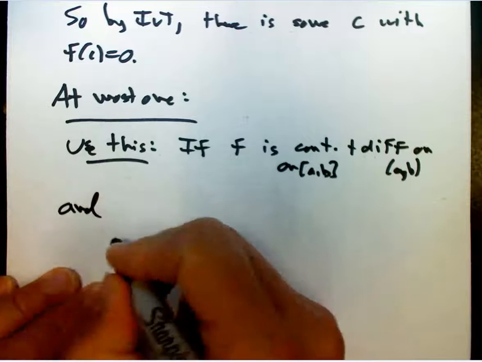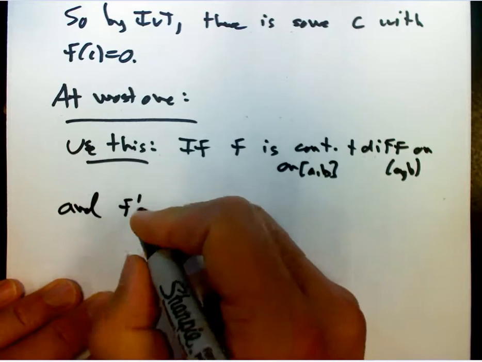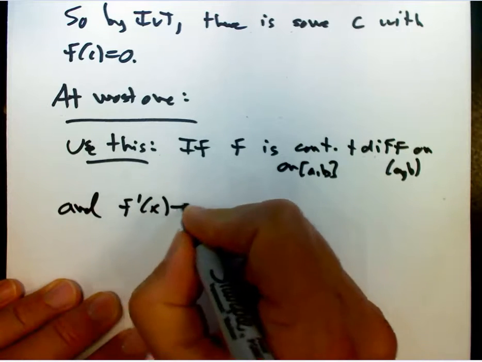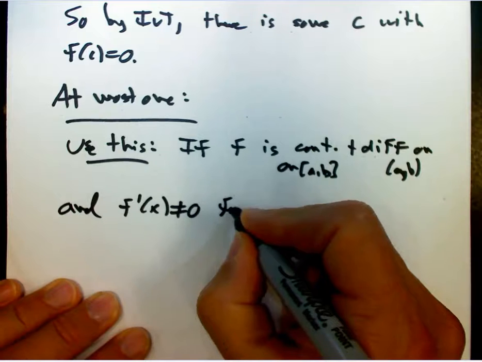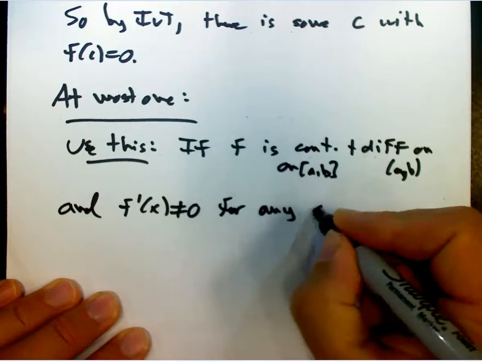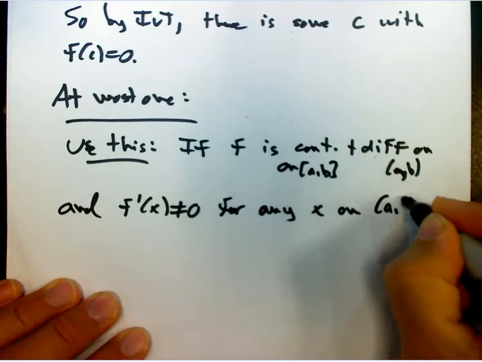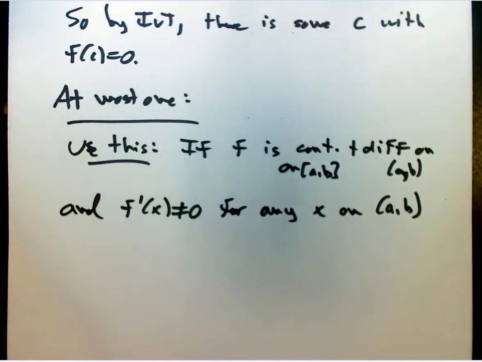And f prime of x is never 0 in the interior of the interval. Well, then let's think about it. Rolle's theorem says if f of a were equal to f of b, then I would get a 0 for the derivative.